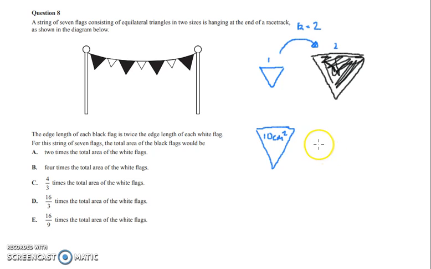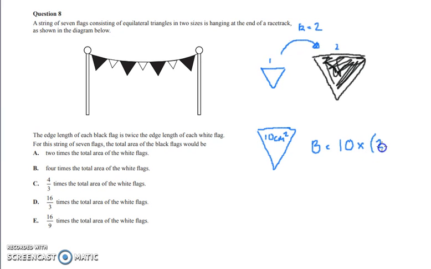So let's do that. The area of the black flag is the white area times our k value, and because we're using area, we need to square this value. So the area of the black flag would be equal to 40 centimeters squared if the area of the white flag was 10 centimeters squared.